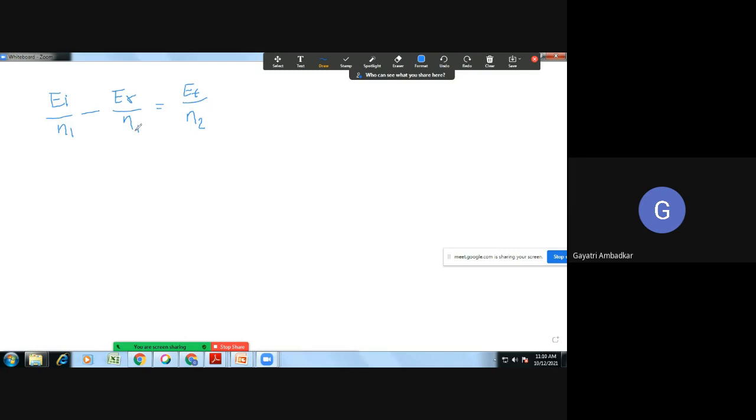Okay, good. So let's take eta 1 common. This will be Ei minus Er is equal to Et upon eta 2.